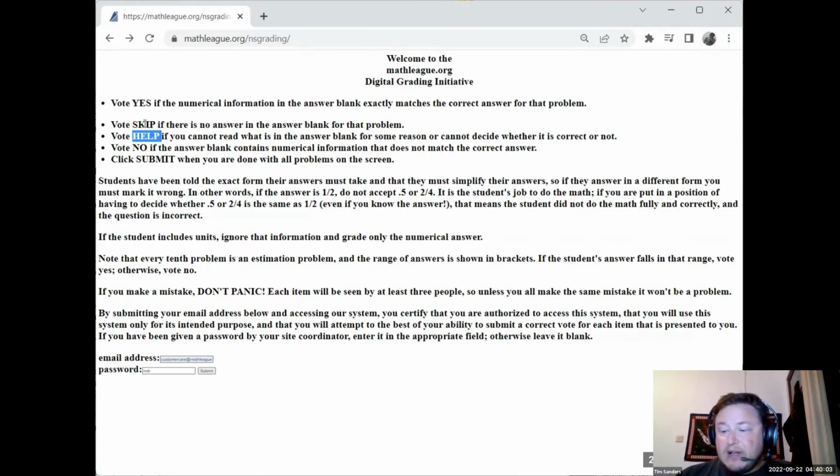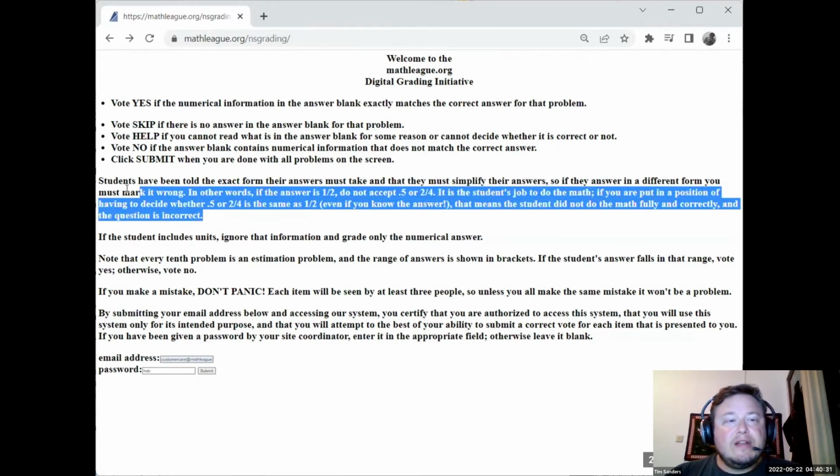Now, like I said, because typically more than half of the questions go unanswered on number sense, skip is the default, and you'll see that on the next screen. So when you call up the screen, it'll have everything filled in as skip already, and your job is, if they didn't skip it, you're going to click either a yes or a no so that you can identify whether they got it right or not.